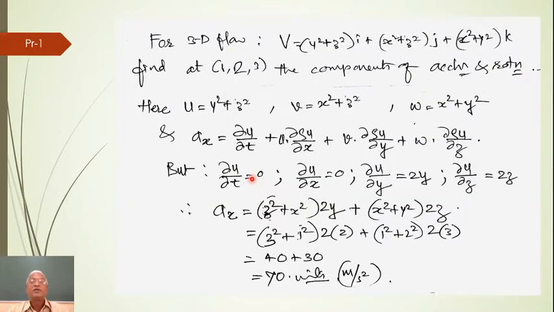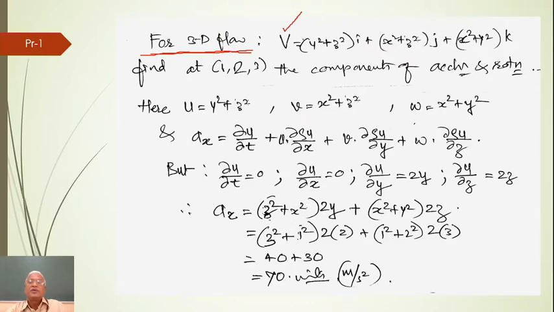Okay, this is the problem number one. Here what is given is for a 3D flow. So for 3D flow means you have x, y, z. Now total velocity, capital V indicates total velocity, is equal to (y squared plus z squared) i plus (x squared plus z squared) j plus (x squared plus y squared) k.